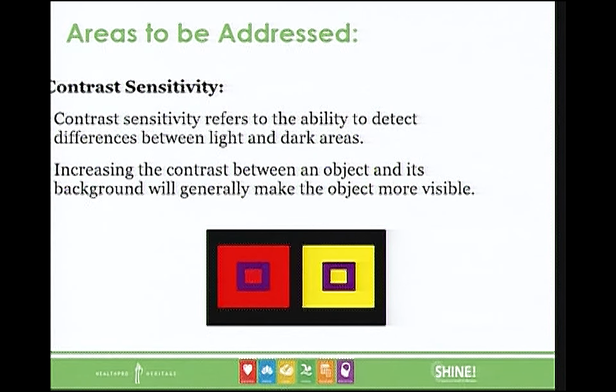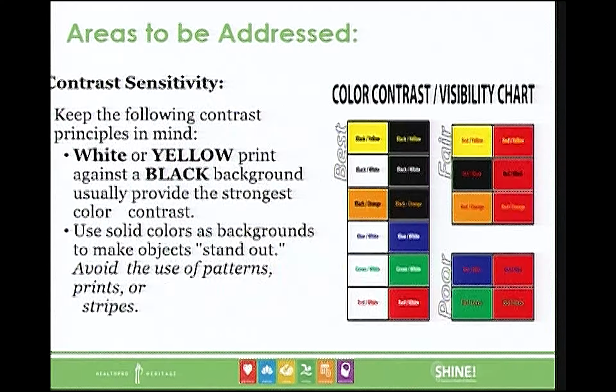Contrast sensitivity refers to the ability to detect differences between light and dark areas. Increasing the contrast between an object and its background will generally make the object more visible. Keep the following contrast principles in mind.